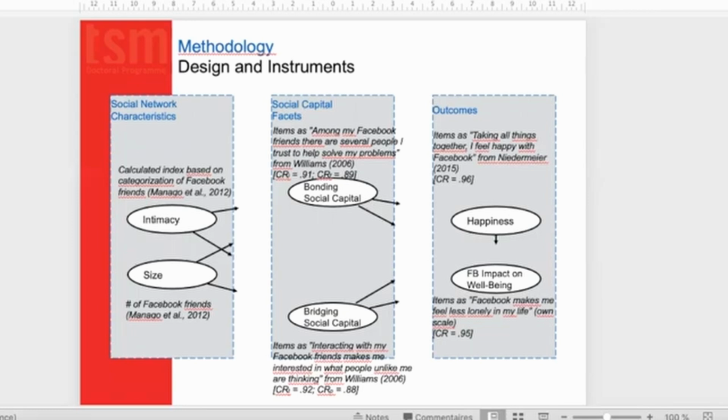Another item was: among my Facebook friends, there are people I could ask for money if I need money. For bridging capital, we measured it with: interacting with my Facebook friends makes me interested in what people unlike me are thinking. Happiness we measured with a scale from Niedermeyer, 5 items, for example: I feel happy with Facebook. For Facebook well-being, we also had a scale with 6 or 7 items, for example: Facebook makes me feel less lonely in my life. If you are interested in the scales, we can have a closer look at the end of the presentation, because I have a detailed view of the items in the appendix.